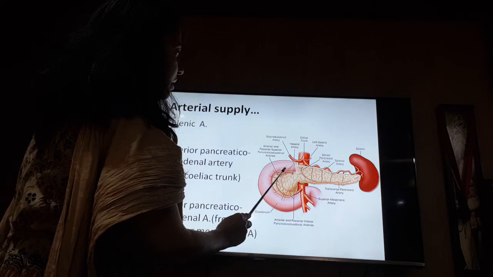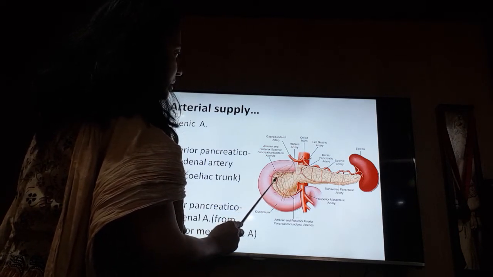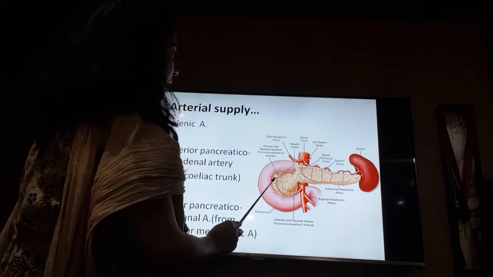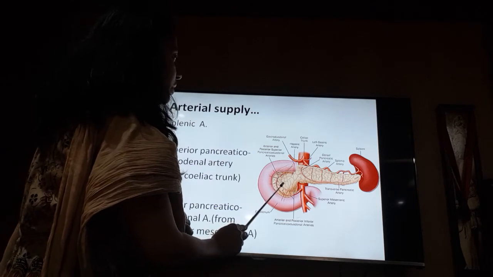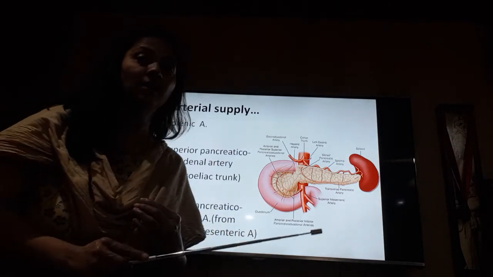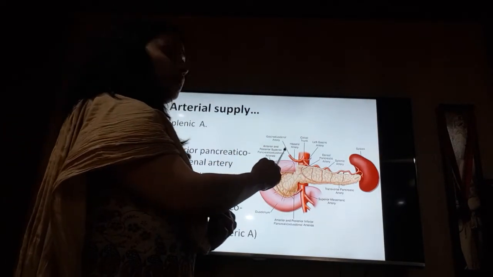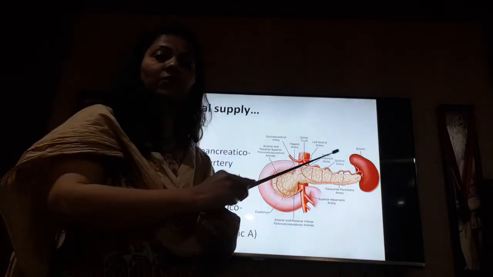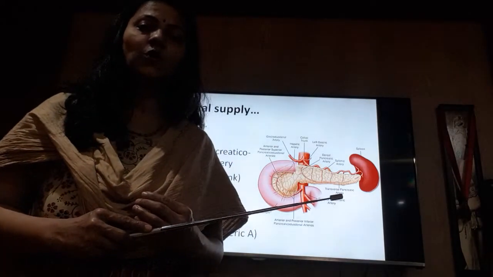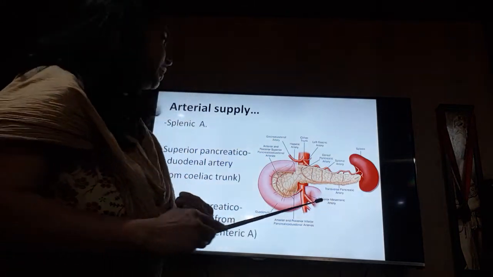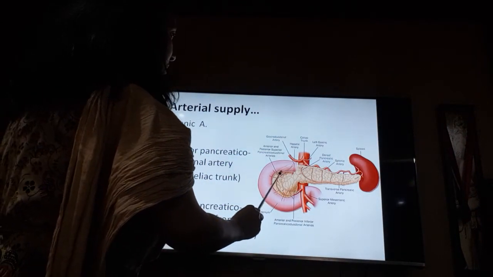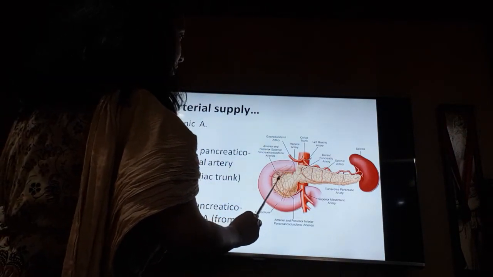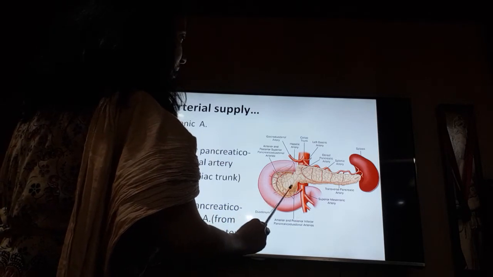It is again dividing into two parts, anterior and posterior pancreatico-duodenal artery. But which one? Because it is present on the superior portion, superior pancreatico-duodenal artery. So you can see it is also giving branches to the head of the pancreas.